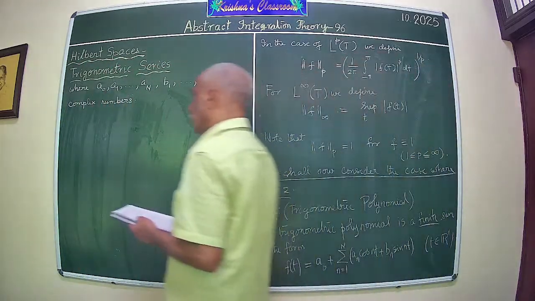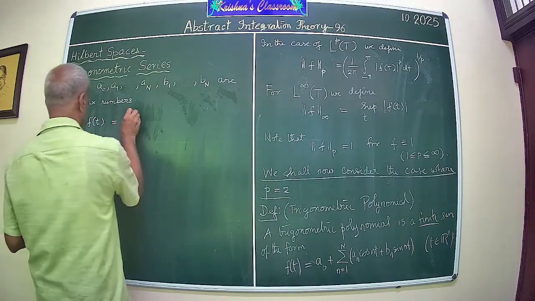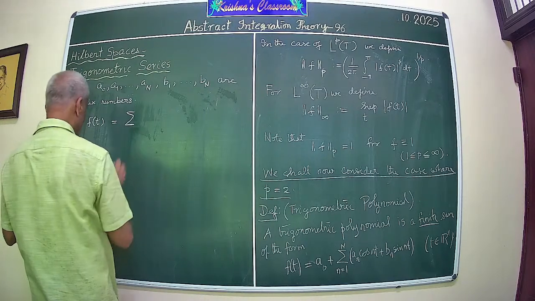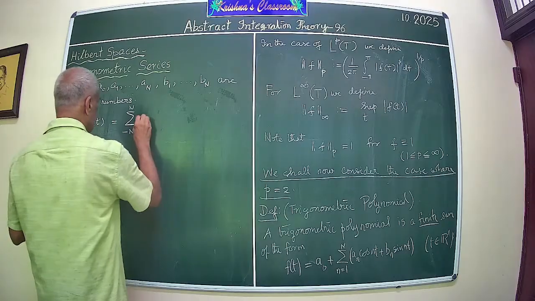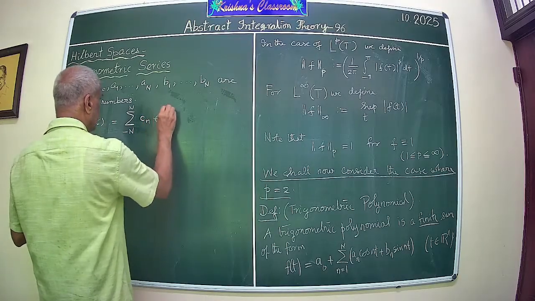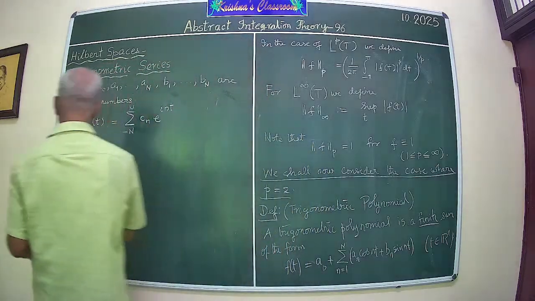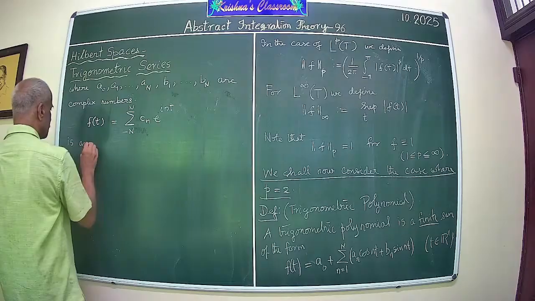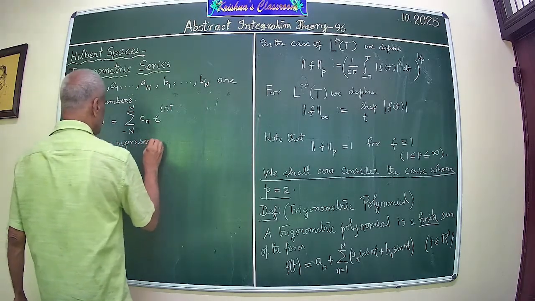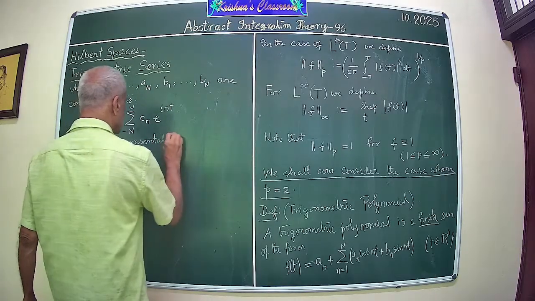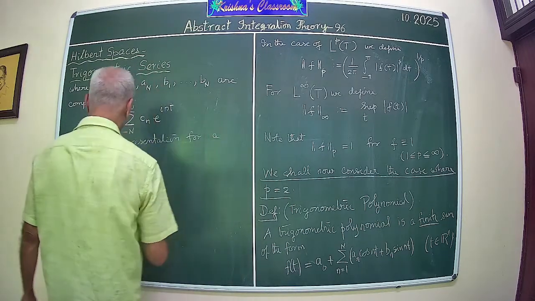Now f of t can also be written, as a simple exercise, as the summation from minus n to n of Cn e to the power i n t for a trigonometric polynomial.